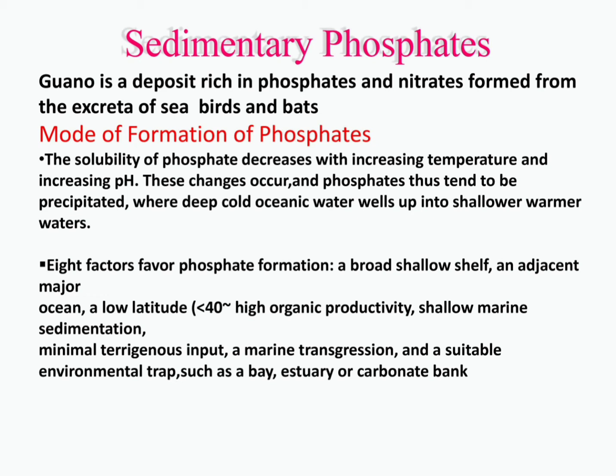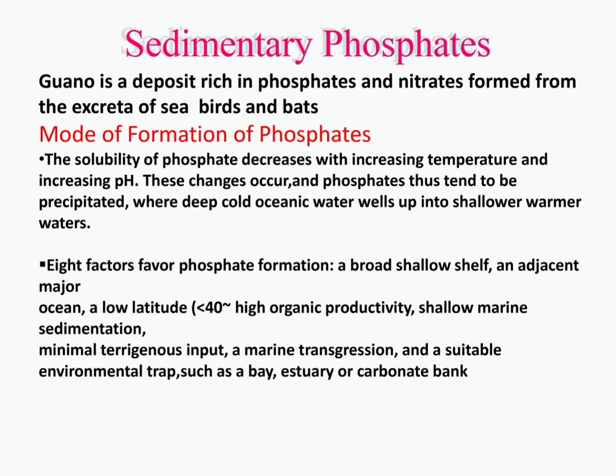Now the modes of formation of phosphate. The solubility of phosphate decreases with increasing temperature and increasing pH. So this one is important. When you increase the temperature and the pH, you will get a decrease in the solubility of phosphate.